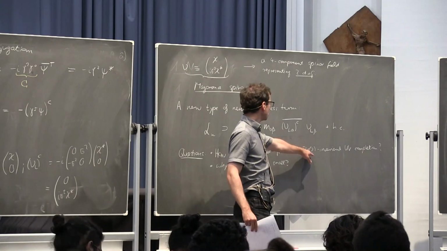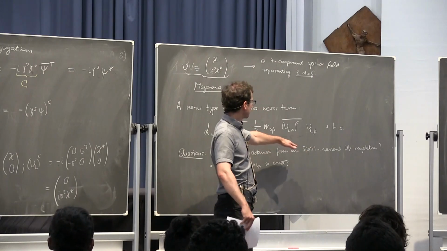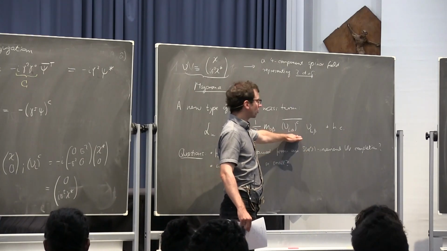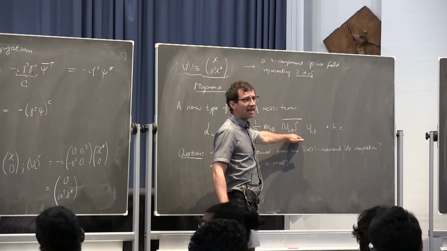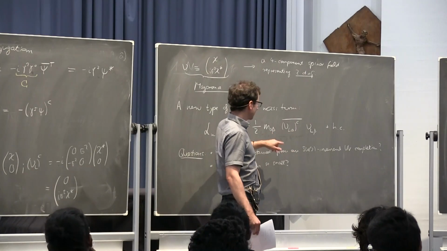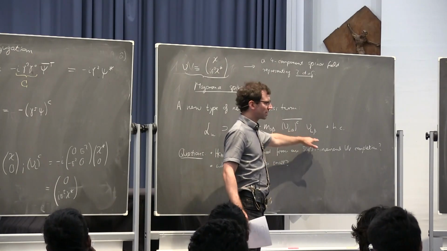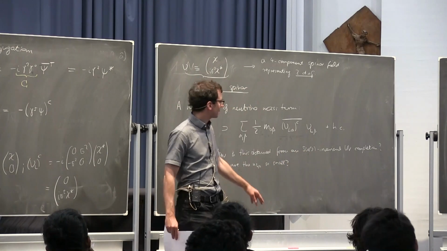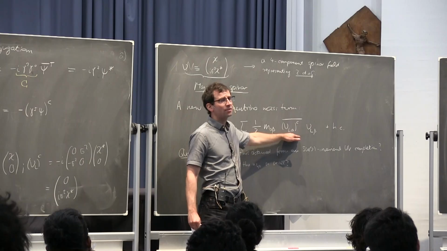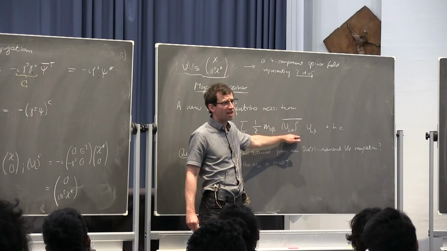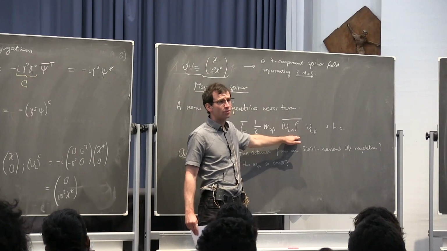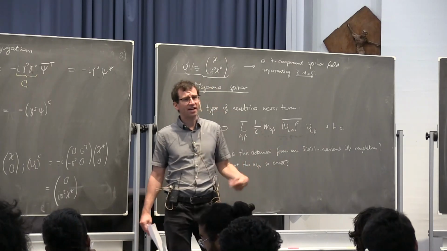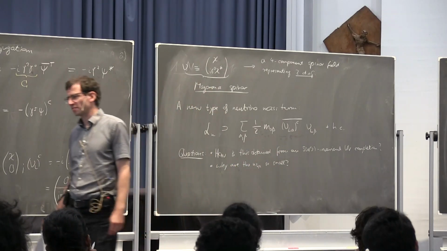The problem with the SU(2) invariant theory is that if I write down this term for the neutrinos, and I remember that in an SU(2) invariant theory the neutrinos are in the same doublets as the charged leptons, then in principle I would need to write down such terms also for the charged leptons. And that would introduce terms that violate the gauge symmetries of the standard model.